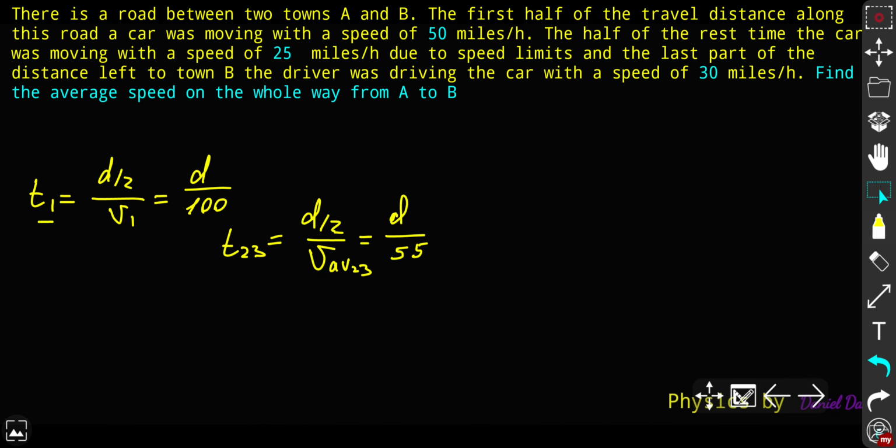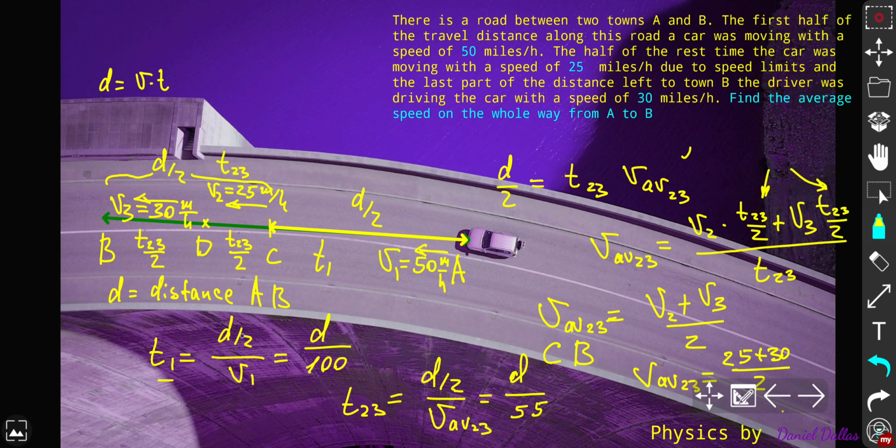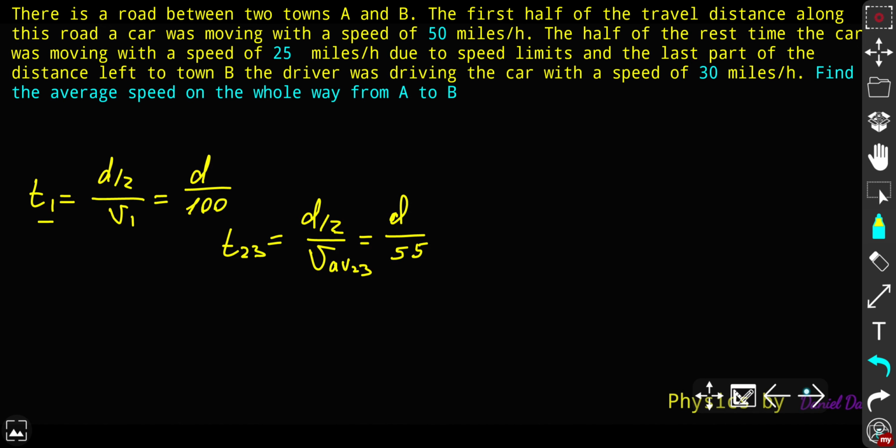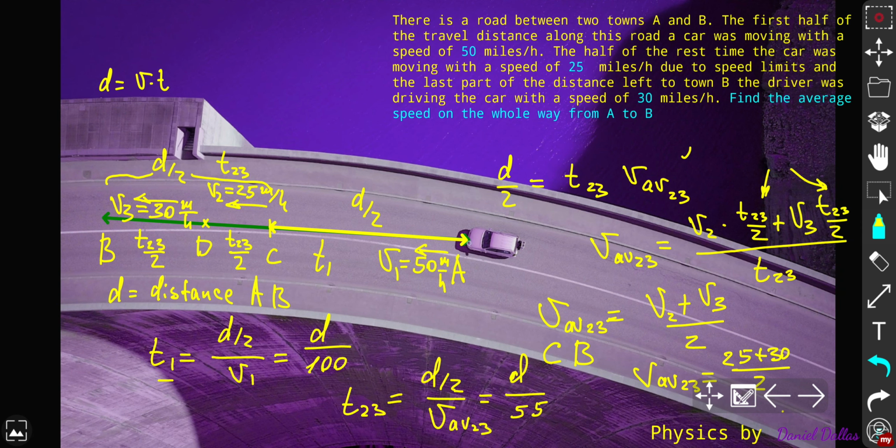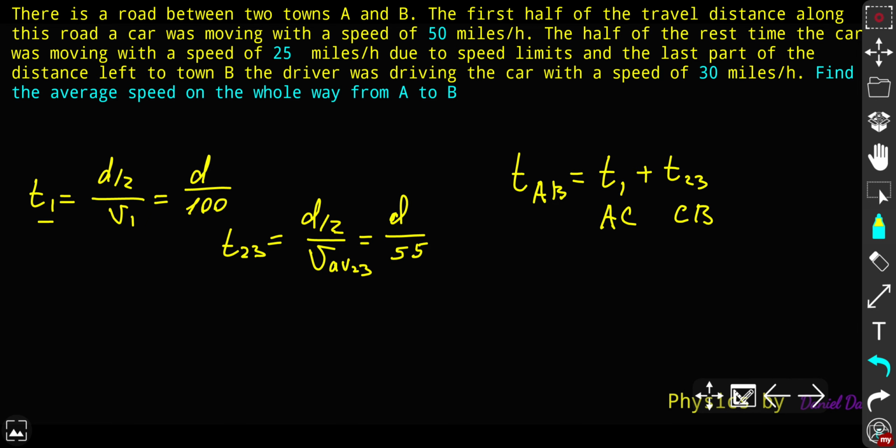And the total time for the whole distance, let's move back for a while, from A to B, the total time from point A to B, you can express as just the algebraic sum of T1 and T2/3. So that's on the first interval from A to C, and that's from C to B finally. Okay, let's have a look at the picture, from A to C and from C to B. So right now, what's left is just to plug in the values.